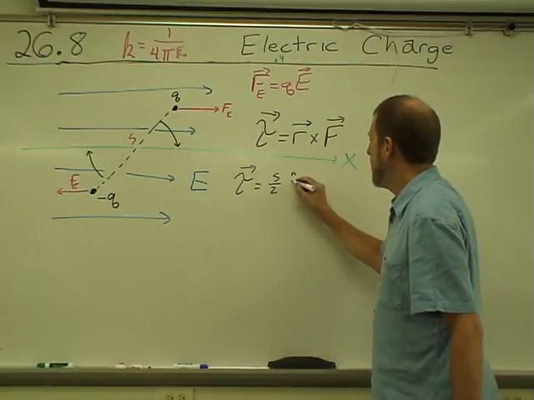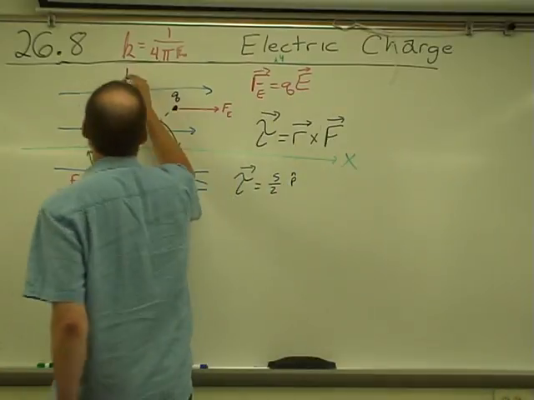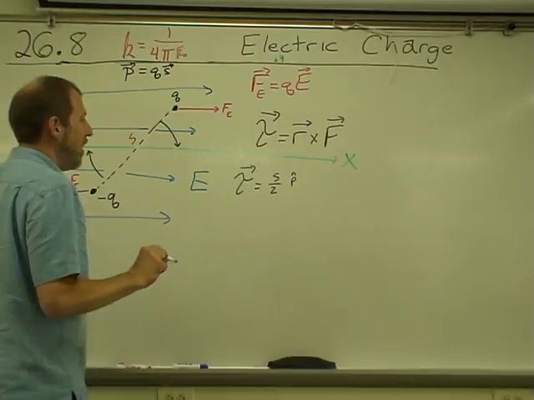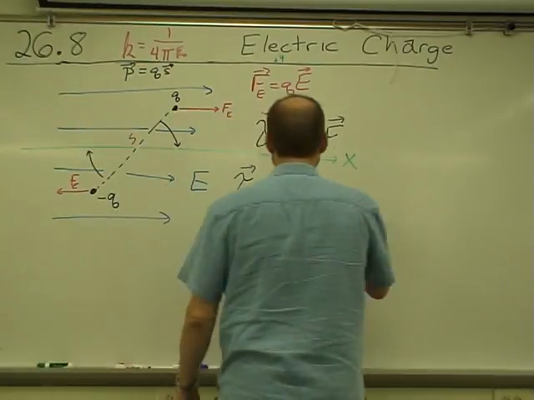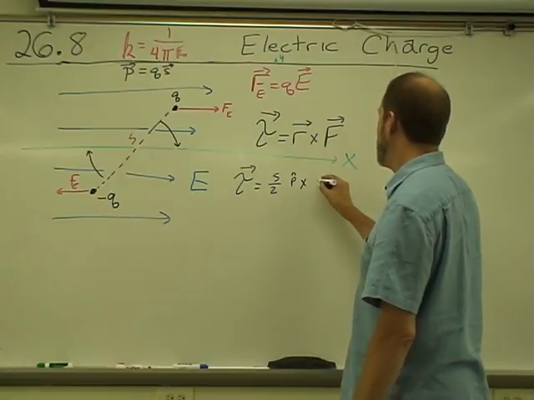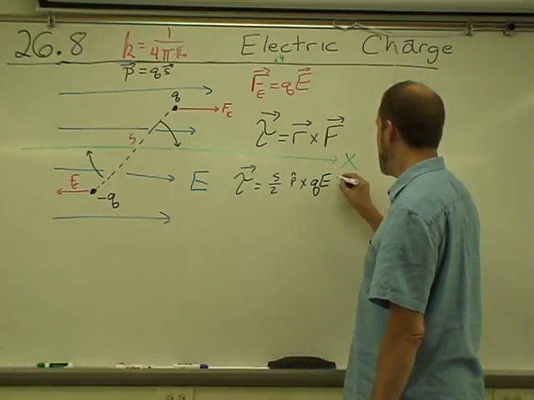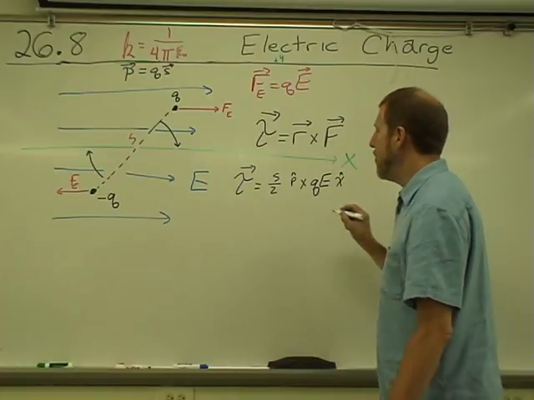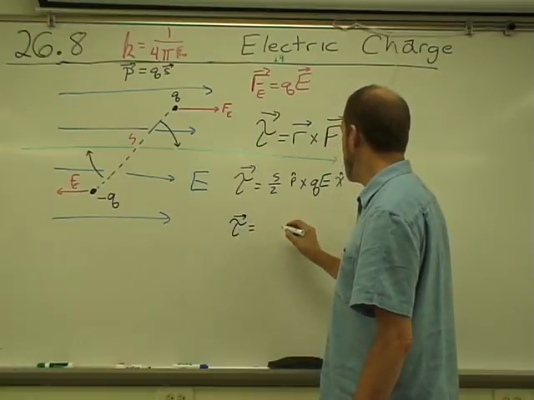But we've defined the vector p as equal to q times the vector s. So let's say it's in the direction of p, crossed onto the force, which is q times the electric field strength in the x direction.